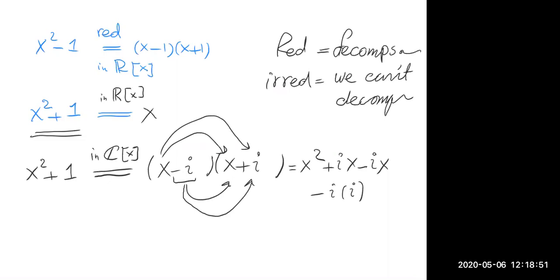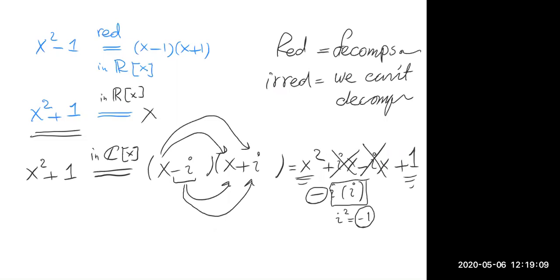But i times i is i squared, which is minus 1, and there is another minus, so it's just plus 1. The ix cancels with minus ix. What remains is x squared plus 1.